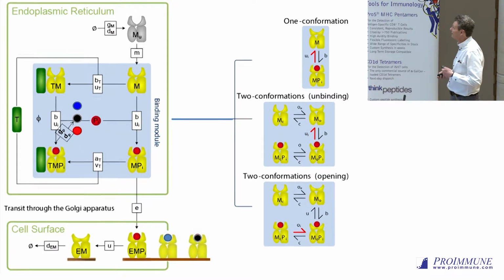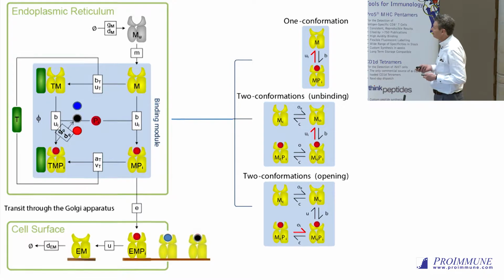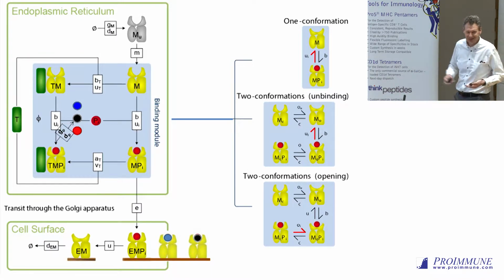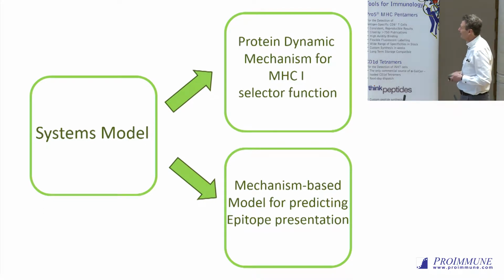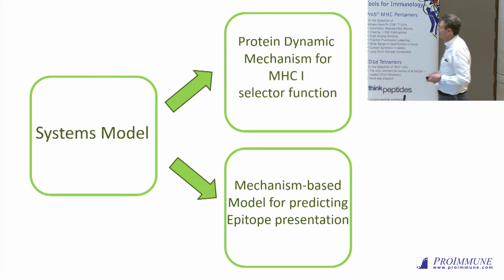So we've spent a lot of time and effort investigating the multiple conformational states of MHC class 1. And that's a good advert for coming to see me give another talk at a different time about this. Today I'm going to talk about a mechanism-based model for predicting epitope presentation.